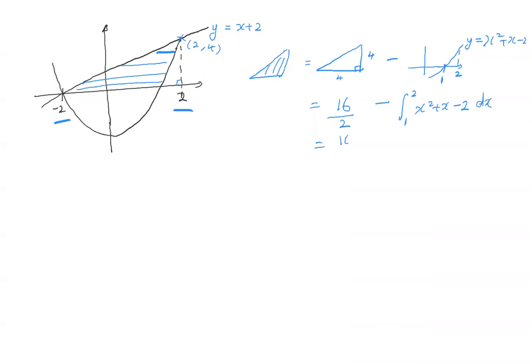So I got 16 over 2, take away, integrate, 1 to 2, 16 over 2, take away 8 over 3. So this will be 8 over 3 minus 2, take away 1/3.